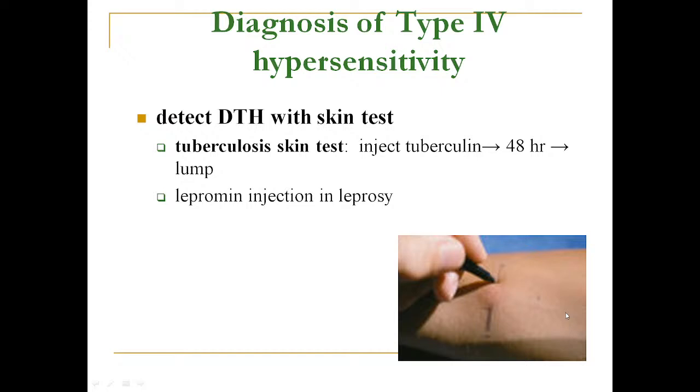How to diagnose type 4 hypersensitivity? We can detect it with skin test. For example, classic example of it is tuberculosis skin test or skin allergic test. We inject tuberculin, and after 24 hours, after 2 days, we can see lump or blister redness that is more than 10-11 millimeters.